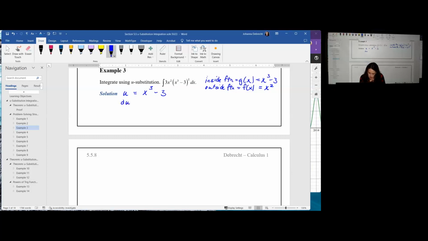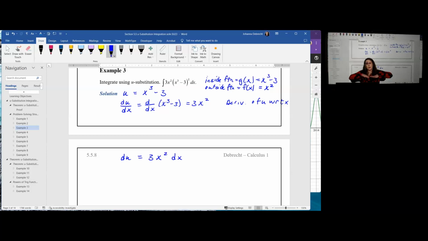So I compute the derivative of u with respect to x, which gives me the derivative of x cubed minus 3, which becomes 3x squared. Next, after taking the derivative of u, I want to abuse the notation and swing the dx around to the other side. This gives me du equal to 3x squared dx.